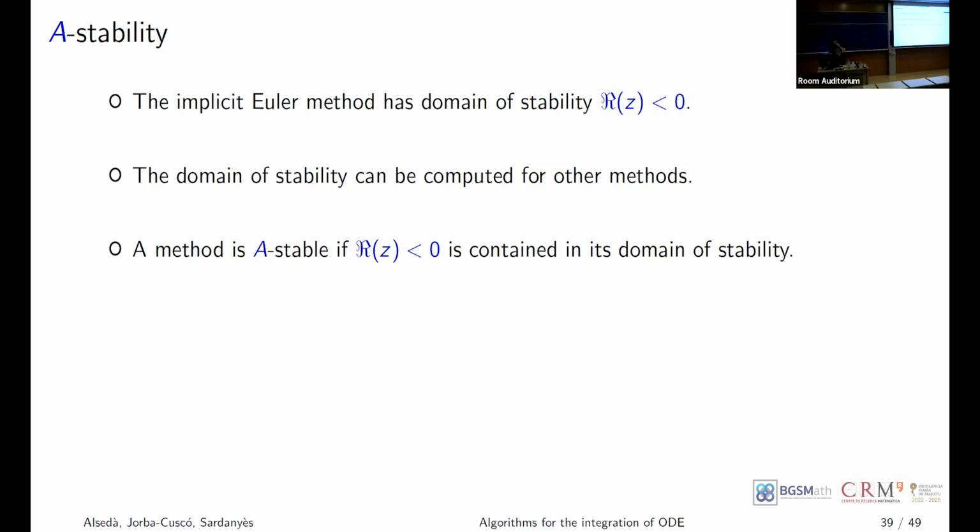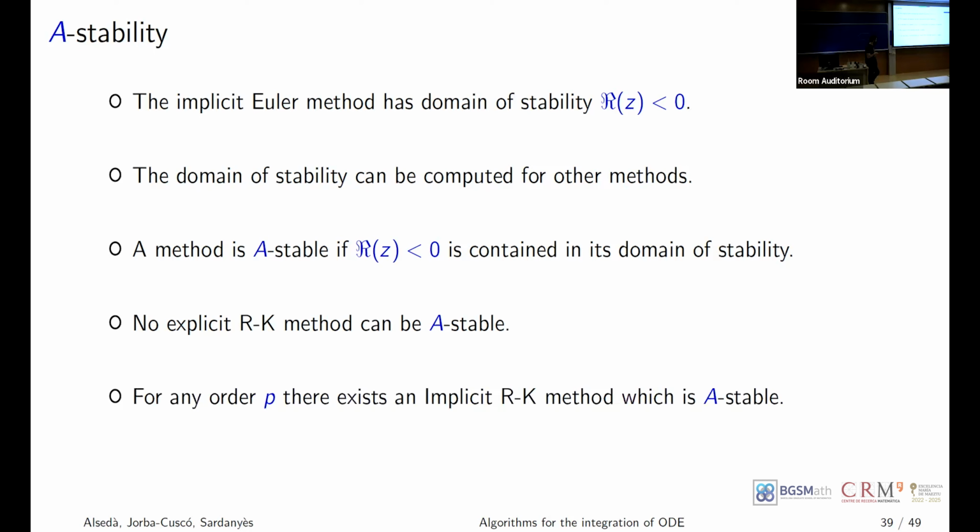There is A-stability, there is G-stability and more letters than I can remember. So there is a stability defined in terms of nonlinear equations, let's say, but this is the classical one. By the way, no explicit Runge-Kutta is stable. So they don't work for stiff equations.